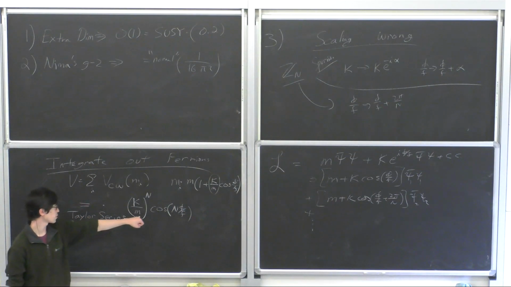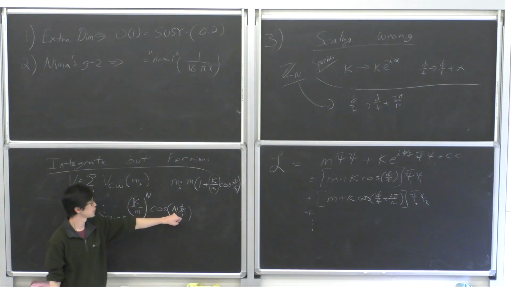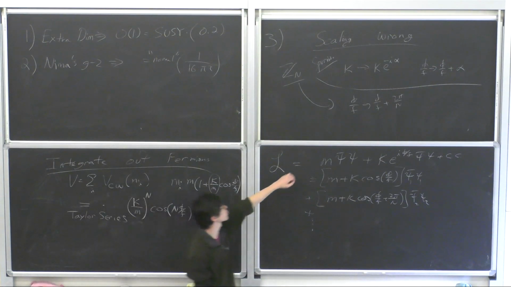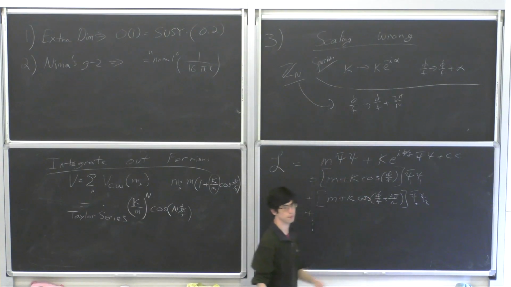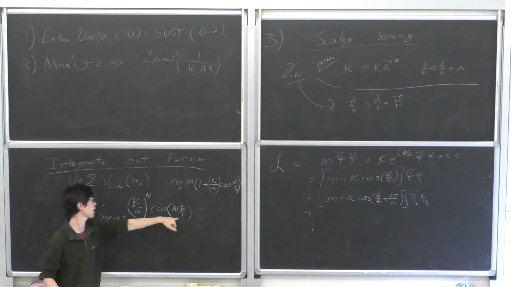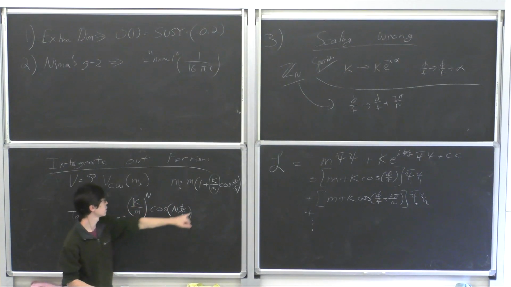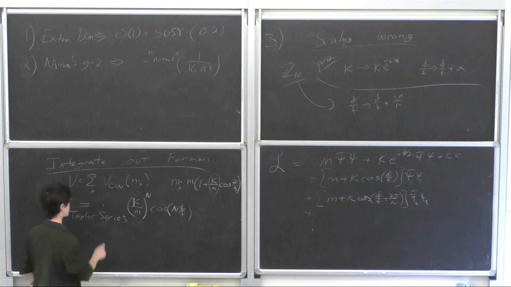Right? You need to be cosine n phi over f, n here so that it's invariant under this Zn symmetry. And then every frequency of phi comes with kappa over m here, and then we can just say m to the fourth times something.